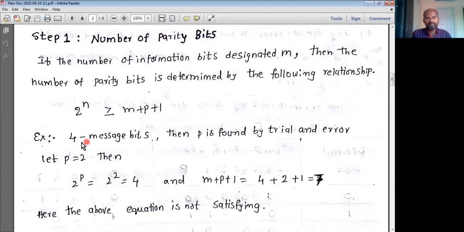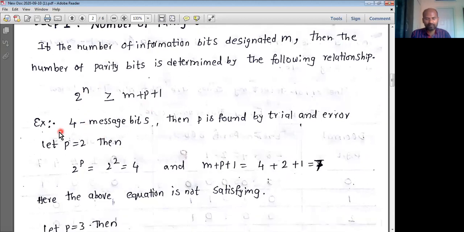Let's use an example to understand this. Say we want to transmit 4 message bits. Then p is found by the trial and error method, which means assume some value for p.